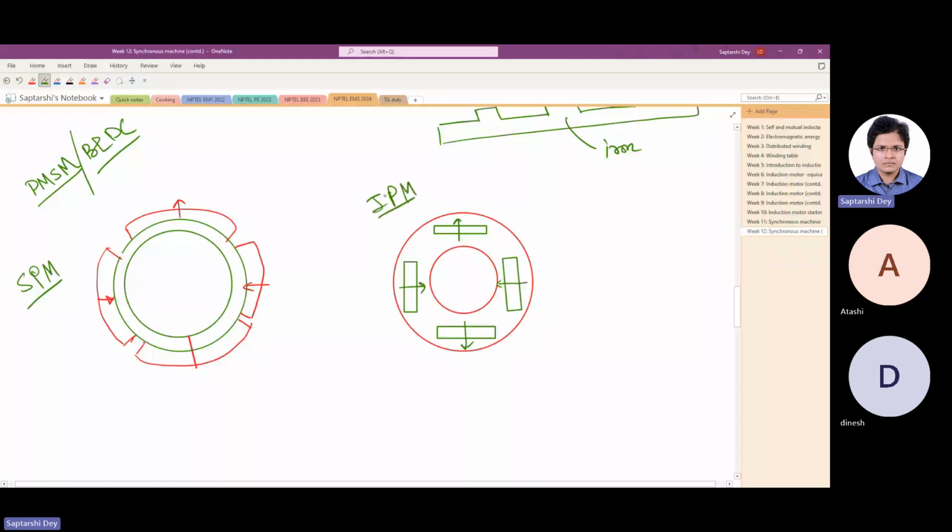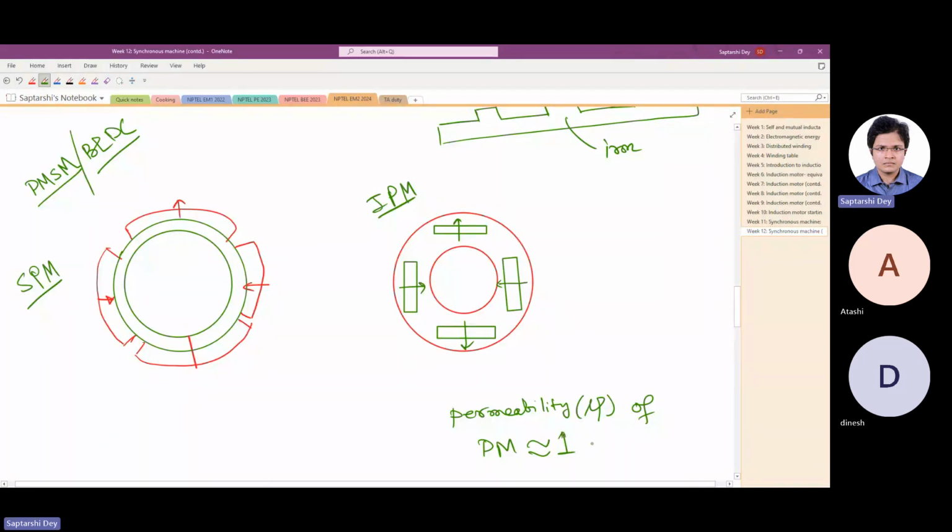Now this is one thing that you may know already, or if not, then just take my word: the permeability mu of a permanent magnet is almost equal to 1.